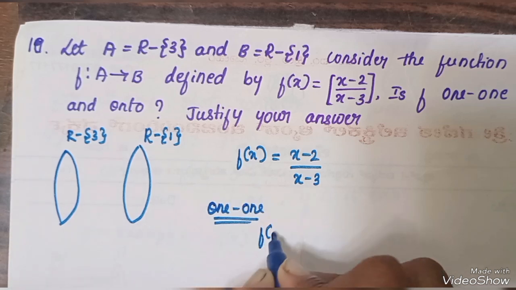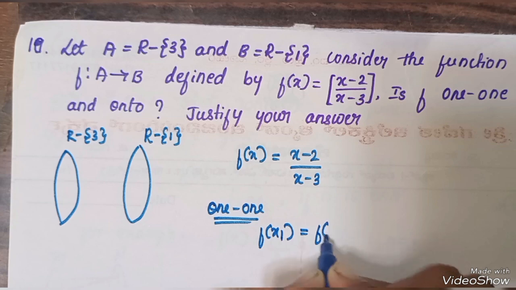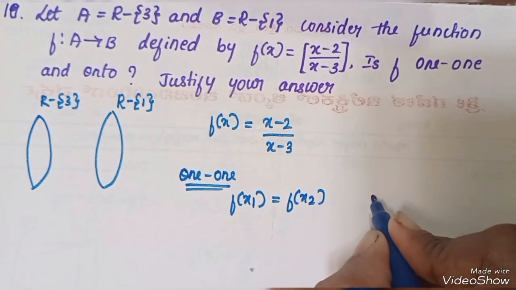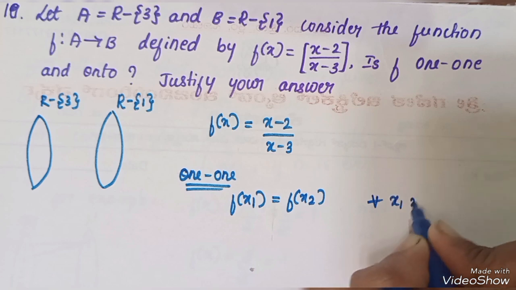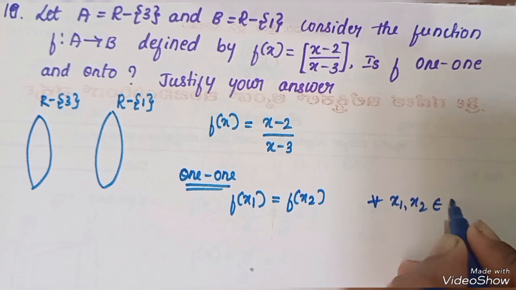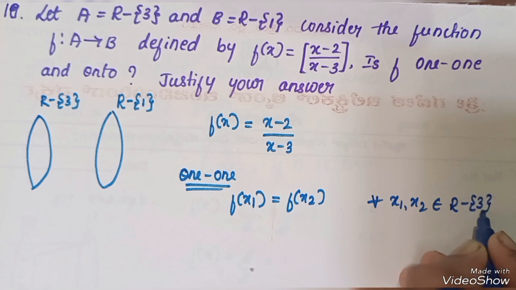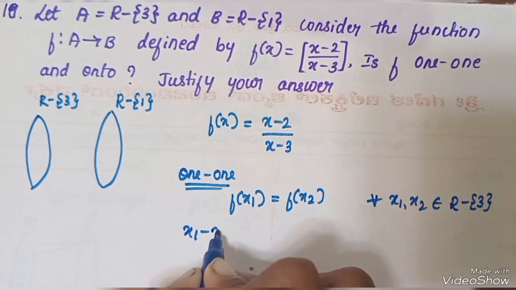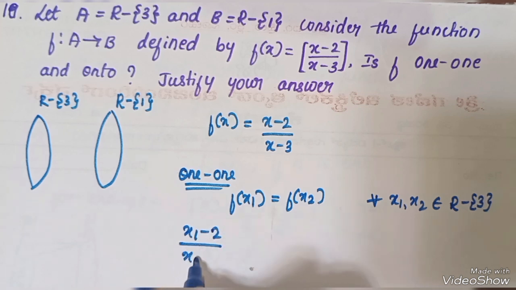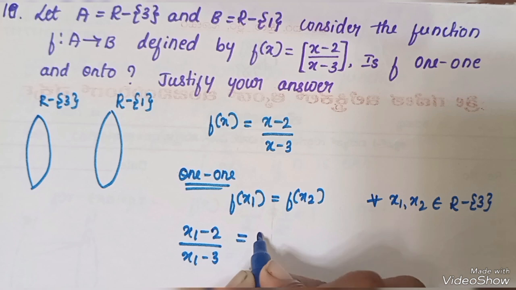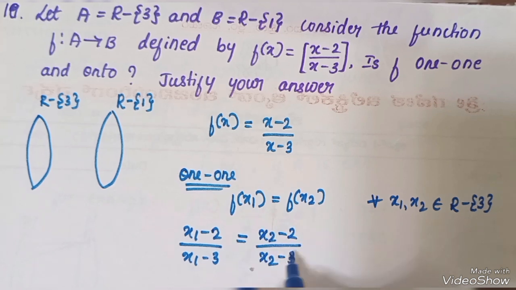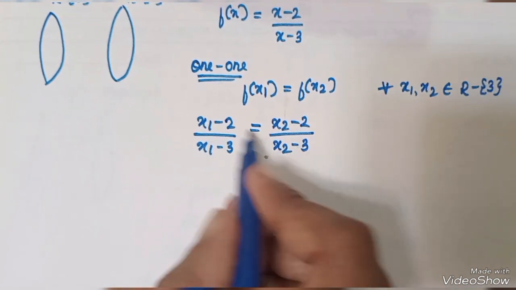First, f(x1) = f(x2) for every x1 and x2 belonging to R minus 3. Again, f(x1) = (x1 - 2)/(x1 - 3), which equals (x2 - 2)/(x2 - 3).